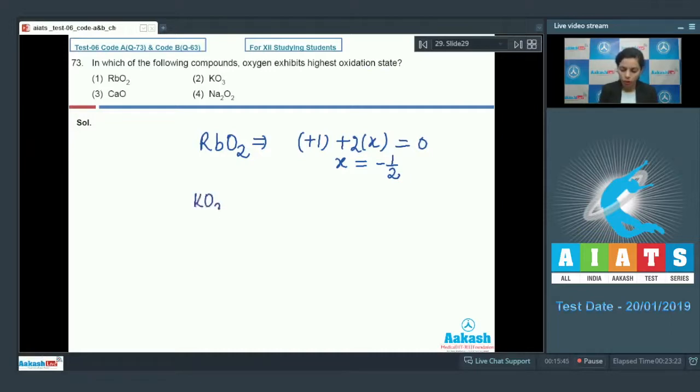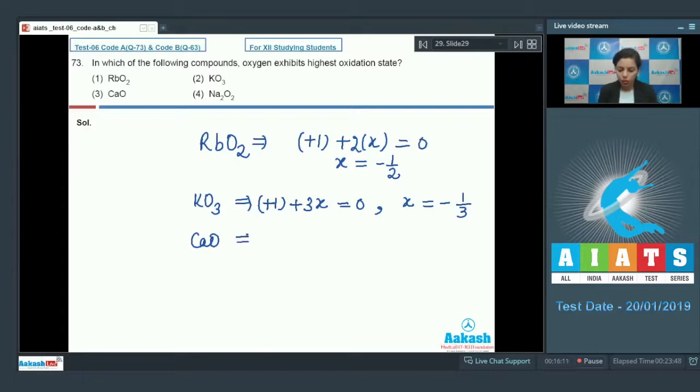Here is KO3. In case of KO3, potassium is there, again an alkali metal with +1 oxidation state. X is the oxidation number of oxygen we are assuming, and 3 oxygen atoms, that's why 3X. That should be 0. And if you solve this for the value of X, it would be equal to -1/3.